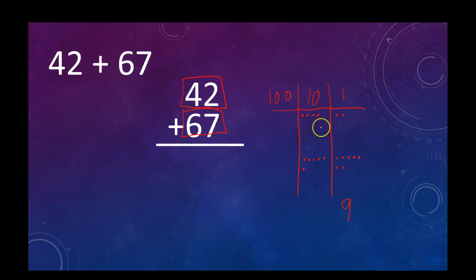We have 4 on the top, so let's count on from 4. 4, 5, 6, 7, 8, 9, 10. We've got a bundle of 10 here. So let's take all of those and move them over to the hundreds column. We now no longer have any tens, so we're going to put a 0 there, and we have a 1 in the hundreds. So our answer is 109.